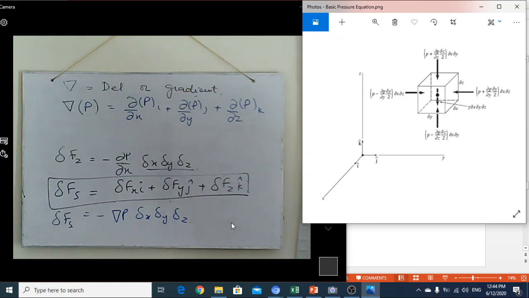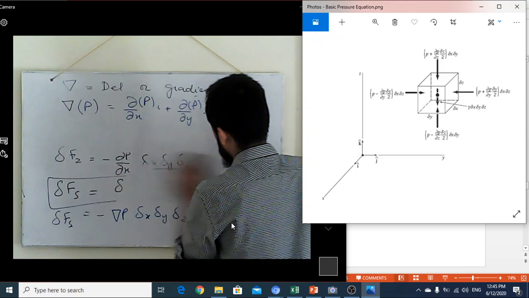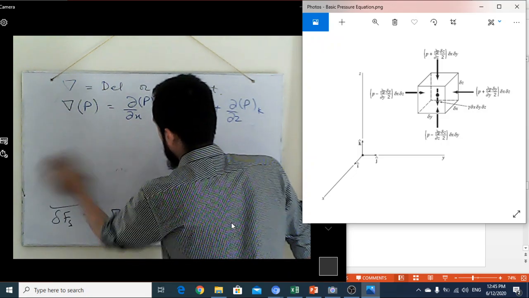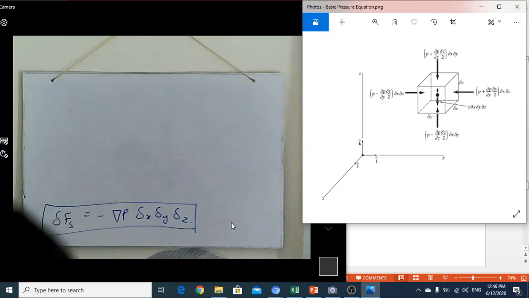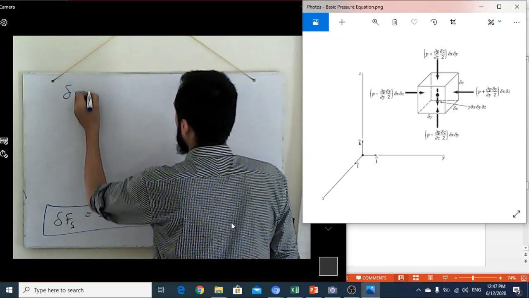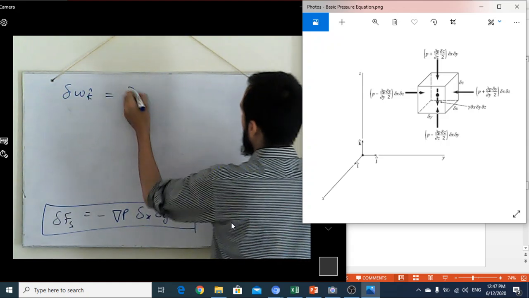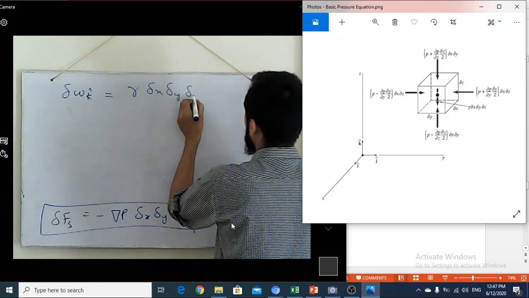So now we will include the weight factor as well, which is acting so the weight is applying along the k direction, and which is equals to Δx, Δy, and Δz.